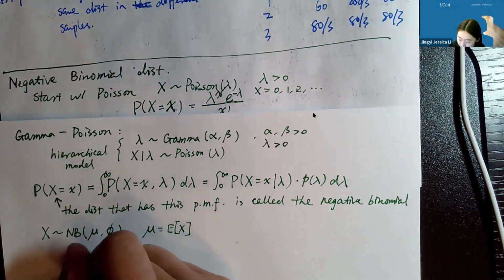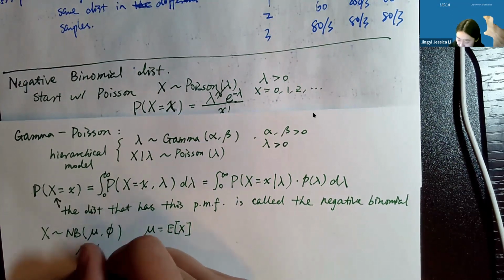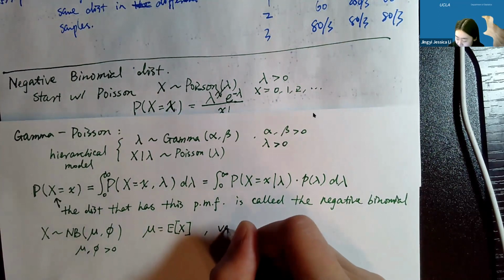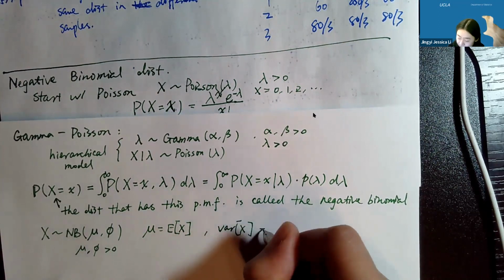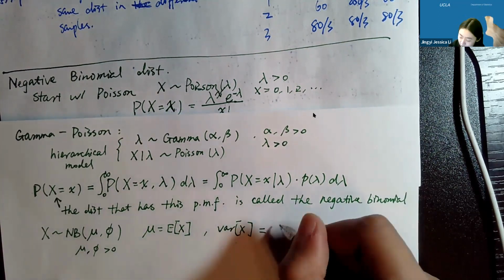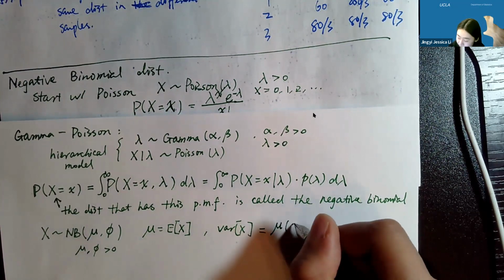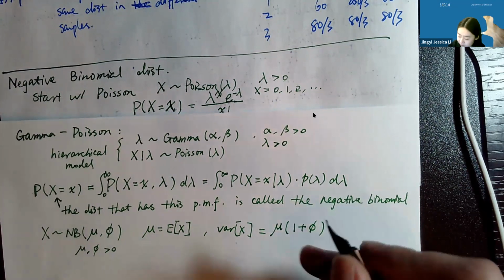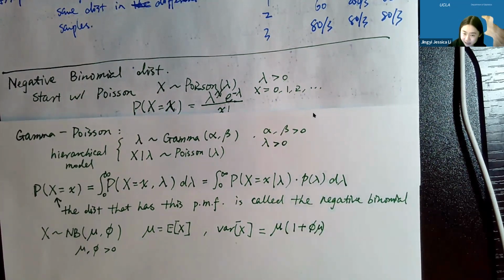I would say both mu and phi are positive, for the two parameters. And the variance of x is defined as mu times 1 plus phi. Sorry, 1 plus phi times mu.